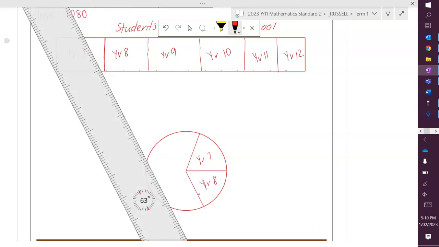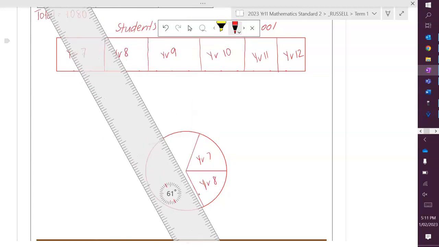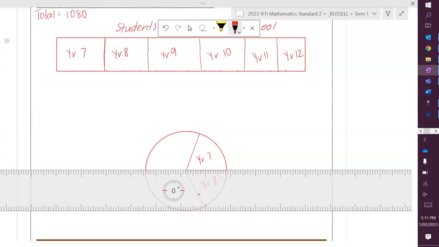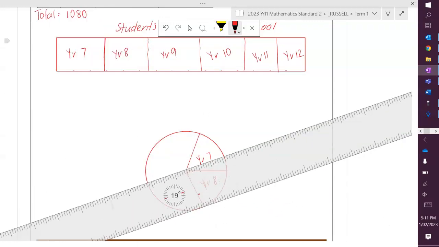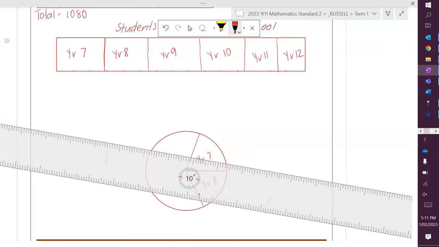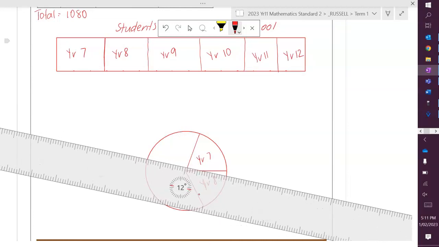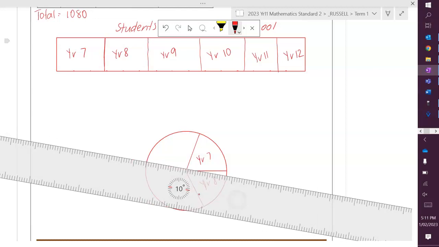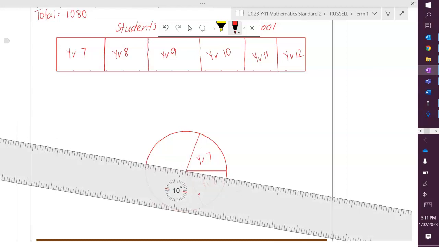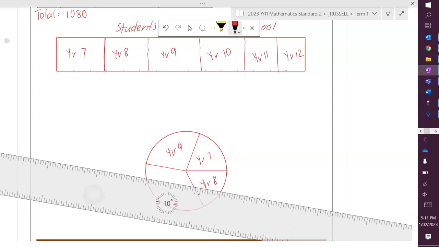Year 9 is 80 degrees. So I need to go to... It's going to be tricky now. Sorry, I'm going to mix it around. I'm going to go back this way, 10 degrees. So that means that this section here is going to be my year 9 section. And then I have year 10, year 11, and year 12.